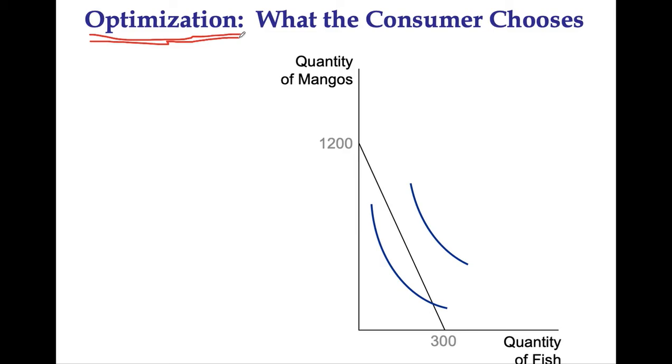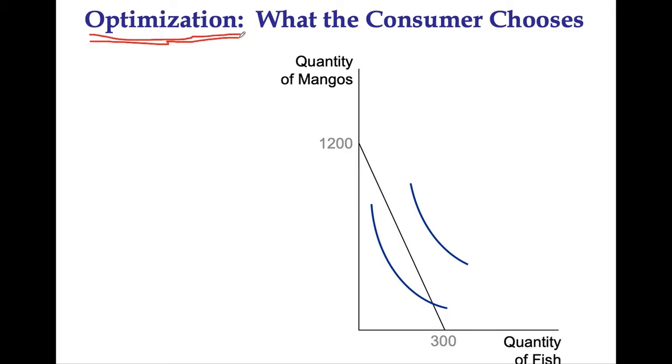A Ferrari compared to a Peugeot gives me the highest satisfaction. However, maybe I can't buy a Ferrari because I have a budget limitation, so I can't afford it. So my optimization point, or the bundle of goods that maximizes my satisfaction, is different.